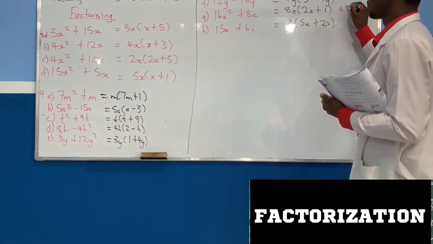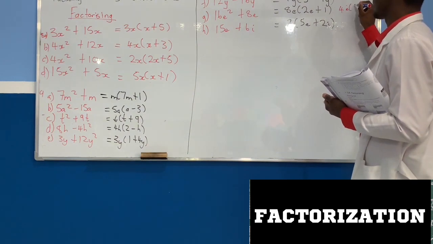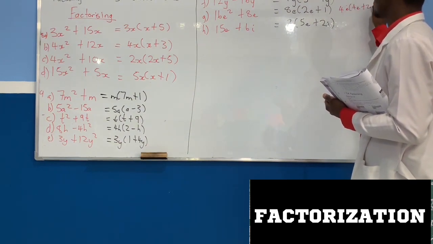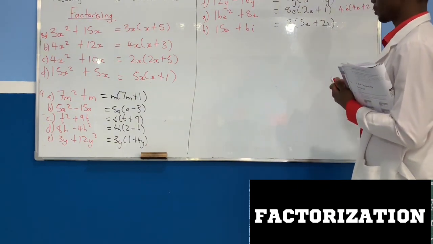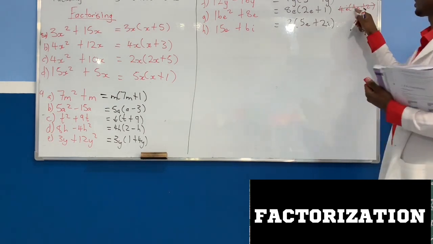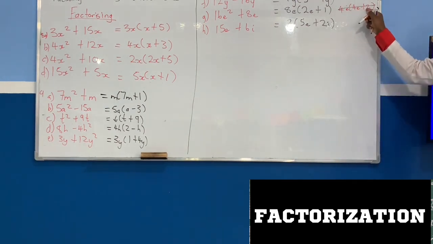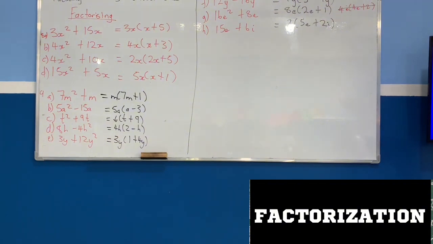If you write 4 bracket 4a plus 2, it is not correct because 4a and 2 still have a common factor between them, which is 2. So you need to factor out that 2 again, multiply it by 4, and you get your 8. Take note to use the highest common factor. Okay, let's move on.